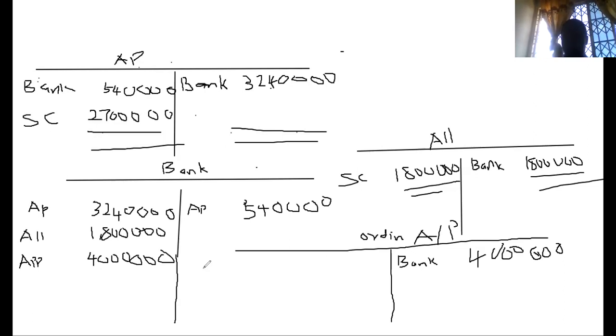And the 120,000 times 10 will give you 1,200,000. So here bank will debit the application account. So that will be 1,200,000. This has been refunded to the applicants.